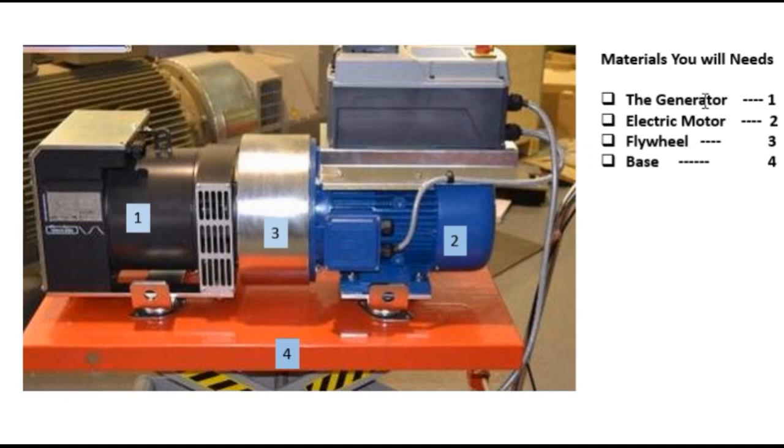What does the generator do? The generator is the producer. It is the one that produces the light which you need in your house. The capacity of your generator determines the capacity of the light you're going to have.